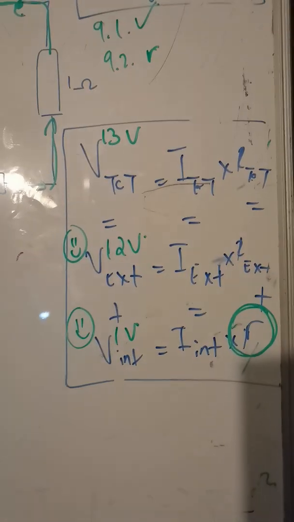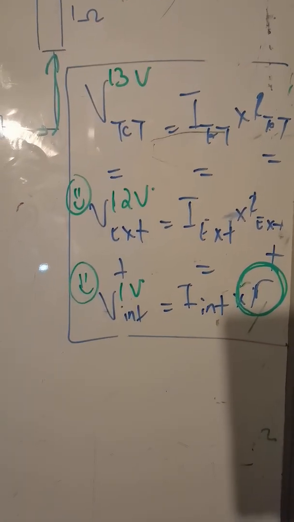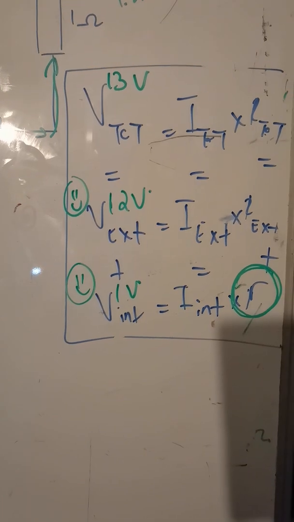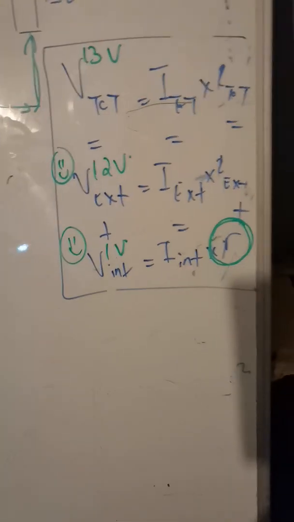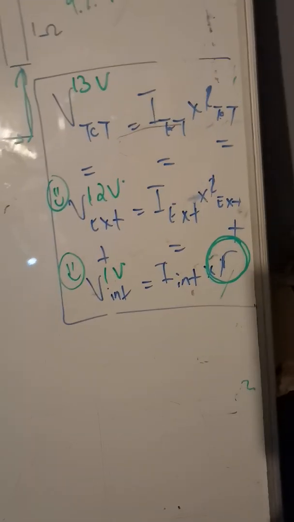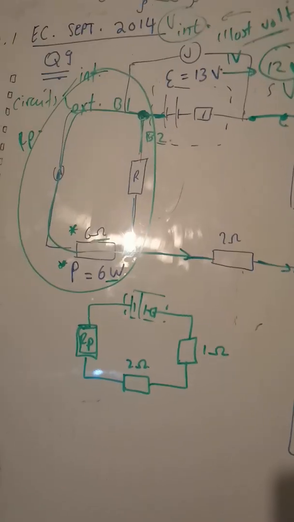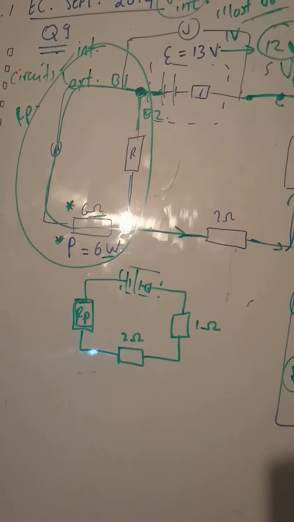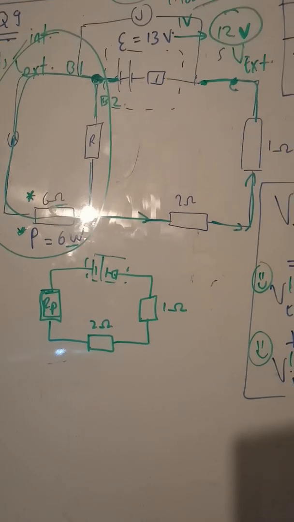I'm going to stop over here because it's a bit challenging to think out, but I'm going to give you the opportunity to try to think on how we can calculate the internal resistance, and then in the next video I'll show you how we can get it. Peace.